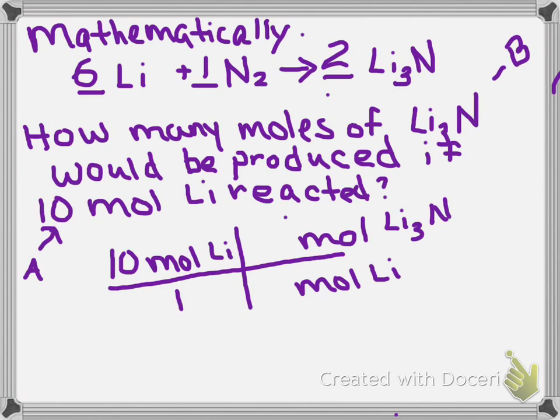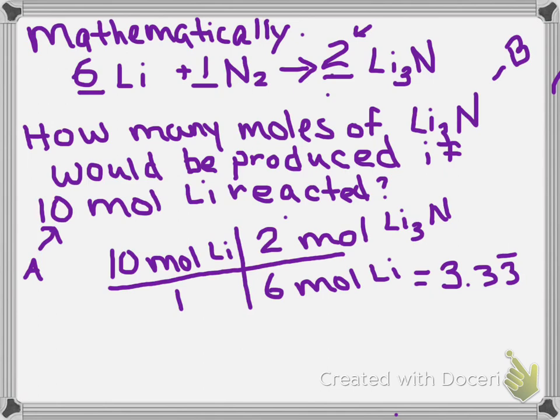So if we look up here at our balanced chemical equation, it tells us the coefficient in front of Li3N is 2, and the coefficient in front of lithium is 6. So I'm going to plug into my calculator 10 times 2 divided by 6, and that gives me 3.33 carried out.